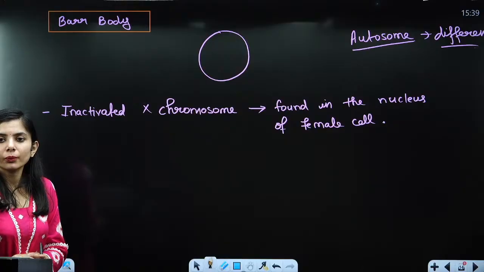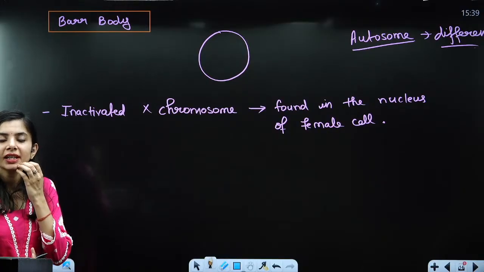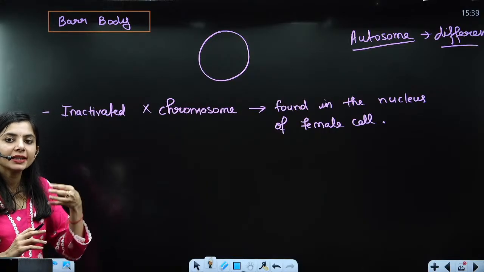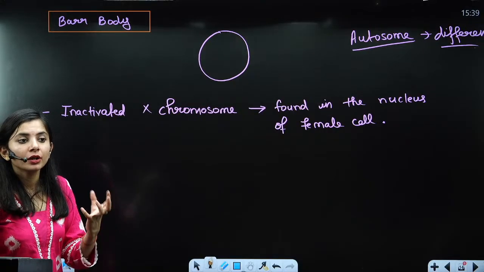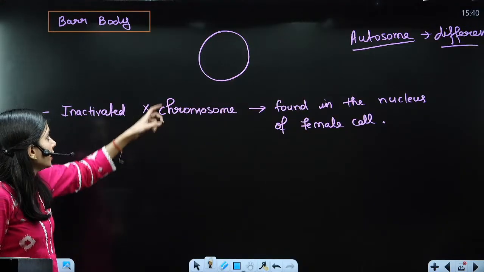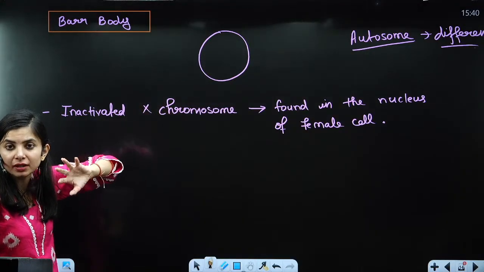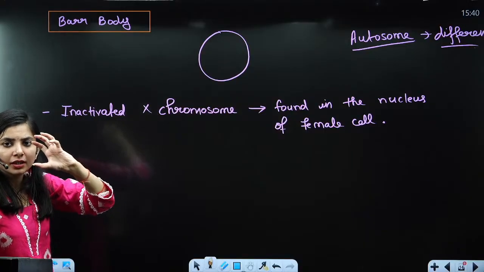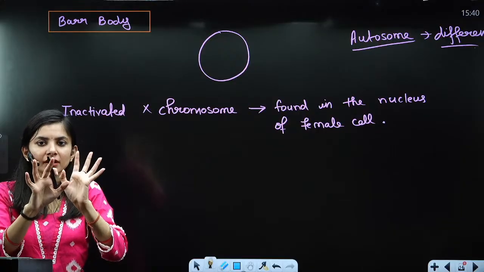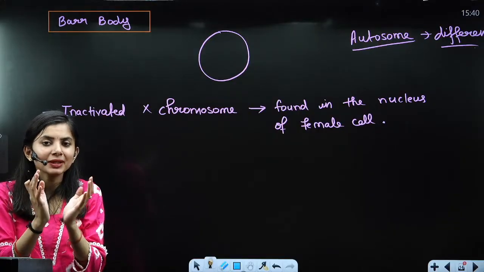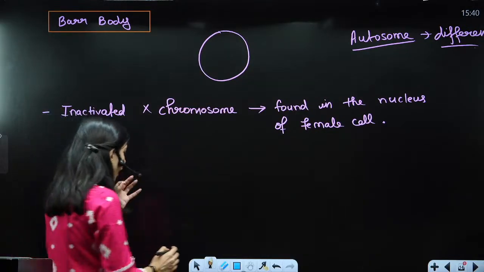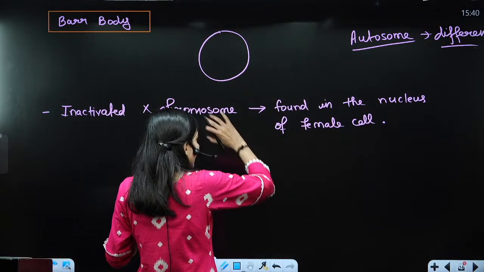Now, inactivated means what? Inactivated means it is there, but it is not active, not showing its role. How would this happen? In the nucleus, you have understood that chromosomes are tightly packed. There are 23 pairs, meaning 46 chromosomes, tightly packed in the nucleus.